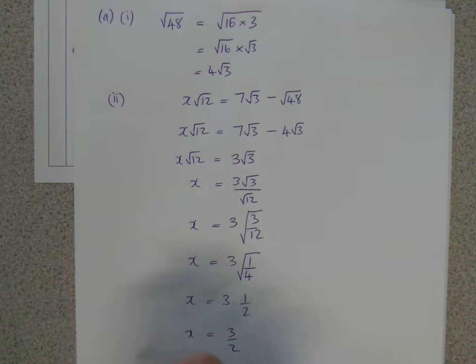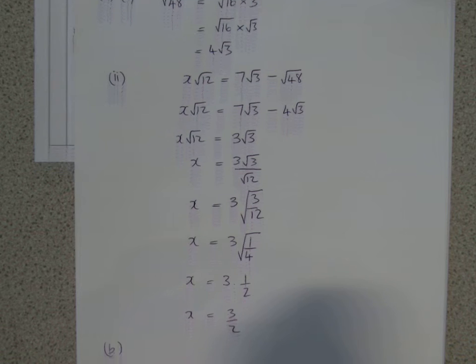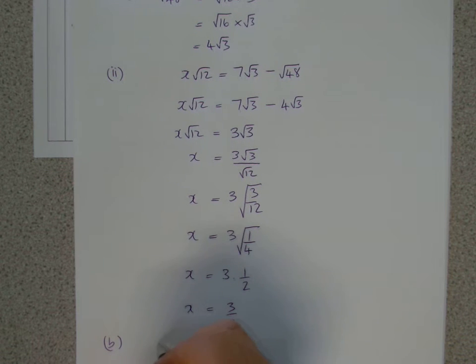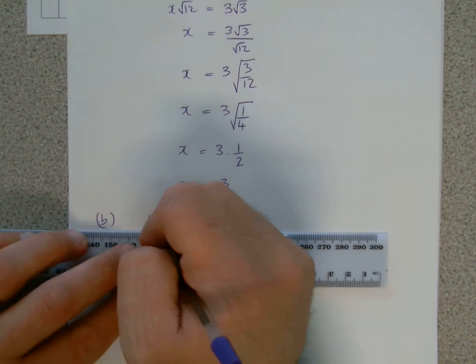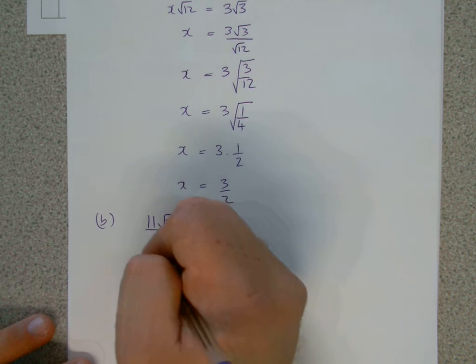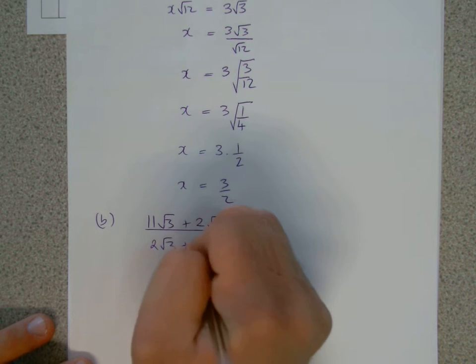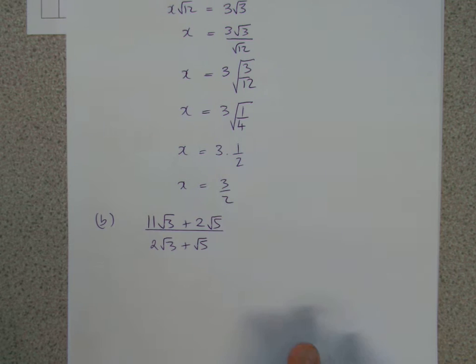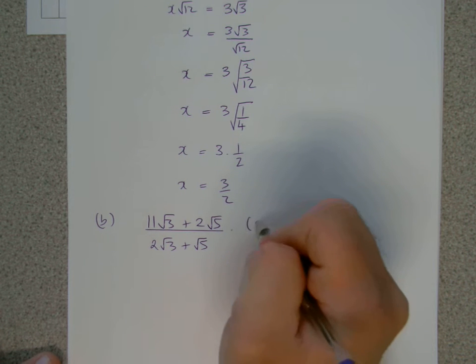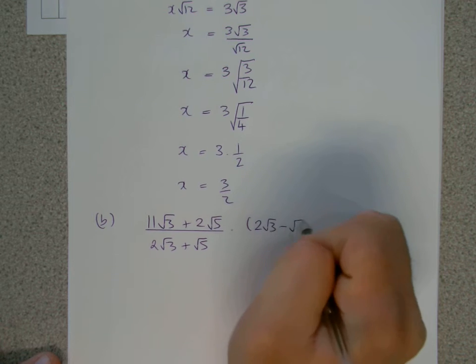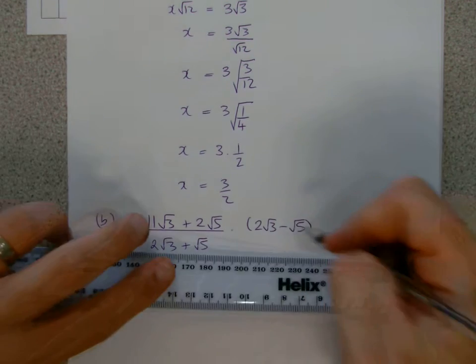Part B then, okay, they want us to express this here in a form that's been rationalized. So we've got this question here, and of course to rationalize it we need to multiply by the bottom but switch the sign, which is minus.